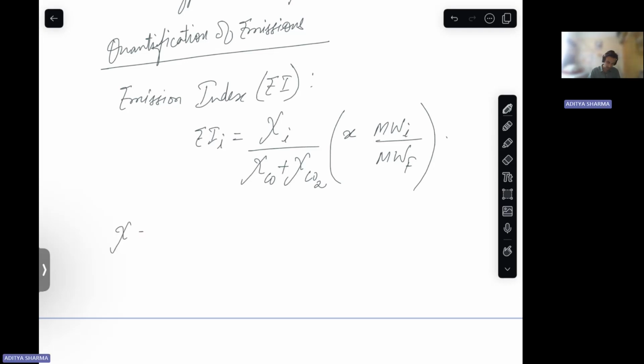Here X is your mole fraction. Then MW is your molecular weight.